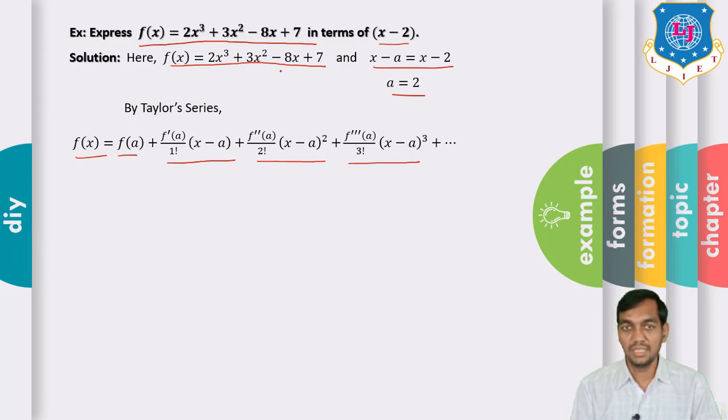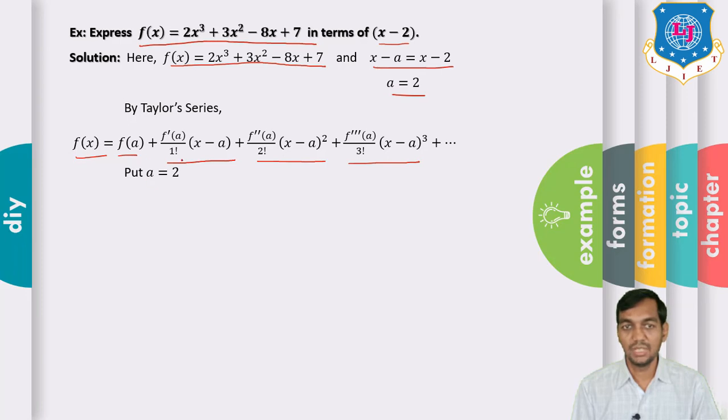So if you take derivatives, you get first derivative, second derivative, third derivative. But the fourth derivative will be 0 because you have the term of x cube. You don't have any term greater than power of x raised to 3. In that case, you have finite derivatives and all later derivatives are going to be 0. That's why we are starting with a is equal to 2.